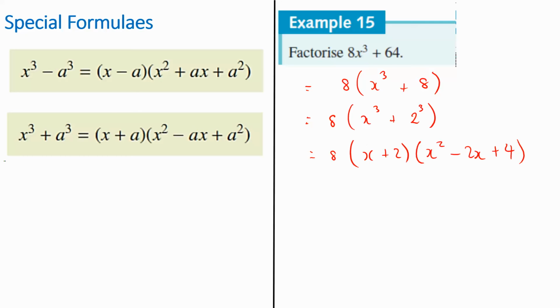You need minus 2. You'd have to complete the square. In this case, factors of 4, you only have 1 and 4, and 2 and 2. Out of those, there's no way you can get a negative 2. So 1 and 4, you can't get a negative 2, and 2 and 2, you can't get that. So you just leave your answer there.